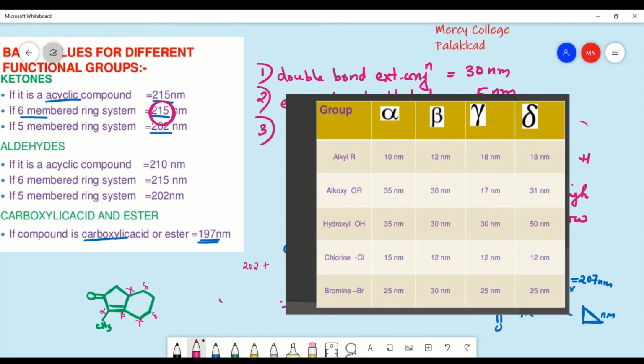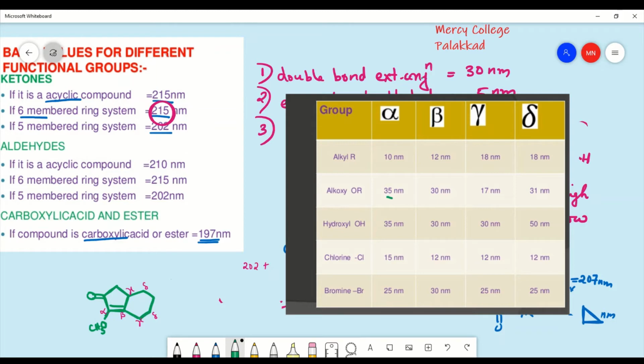Now similarly, if you have, instead of CH3, an alkoxy group, that means OCH3, which is a methoxy group, then at the alpha position, if you are having OCH3, you have to add 35 nanometer.